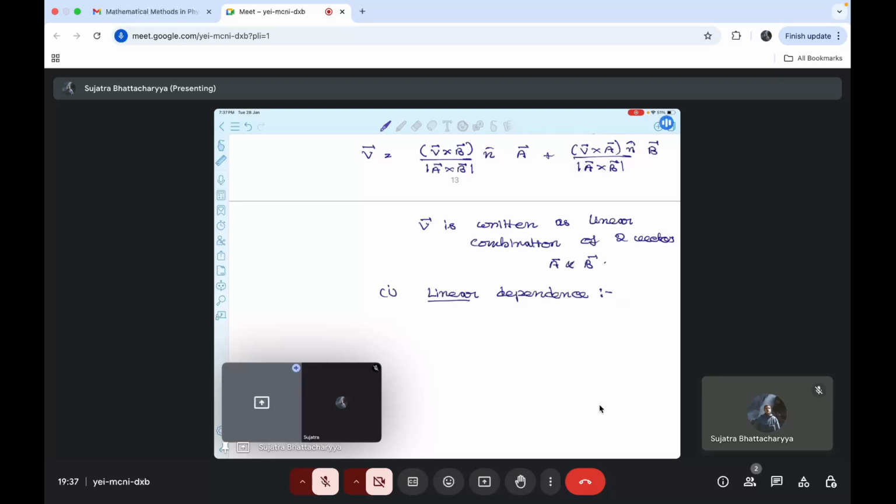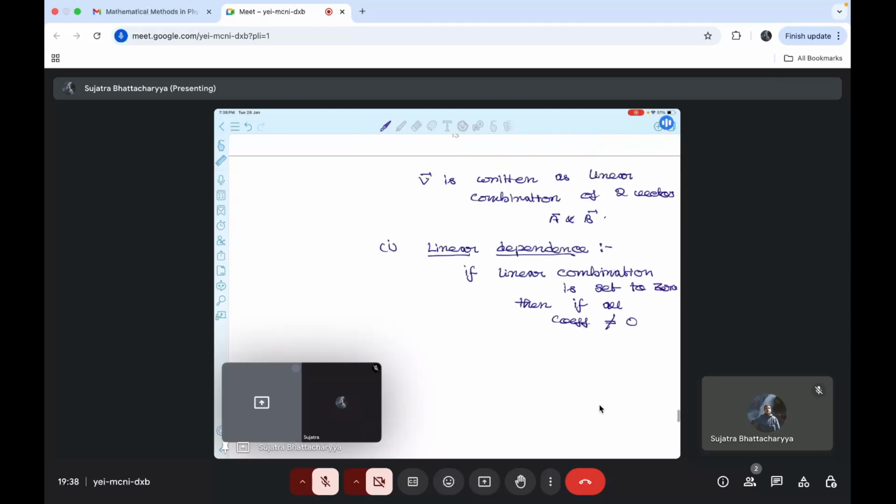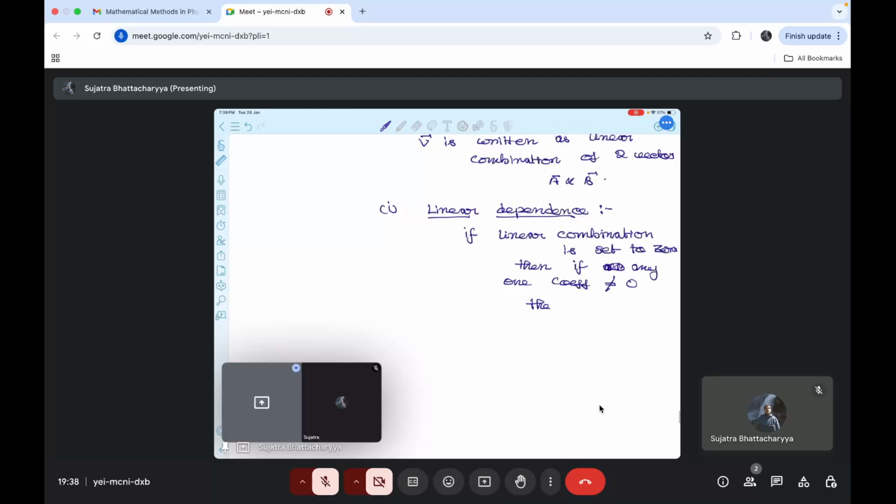In linear dependence, if your linear combination is set to zero, and any one coefficient is not equal to zero, then it is linearly dependent.